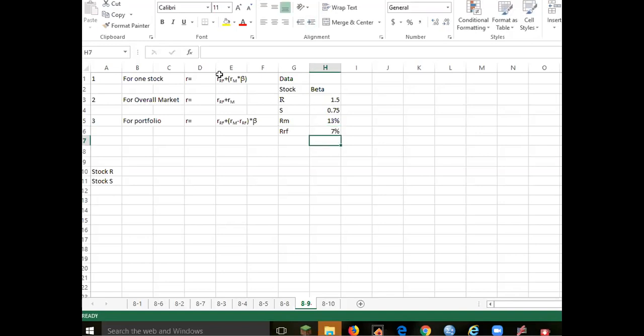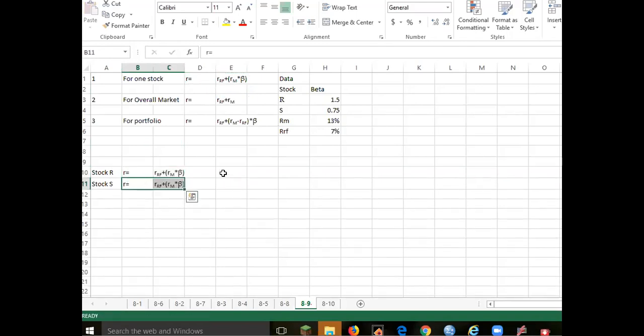So both are independent individual stocks. So we take the formula of one stock, stock R. Risk-free rate of return is 7% plus market risk premium 13% multiplied by beta. And what is the value of beta? 1.5.